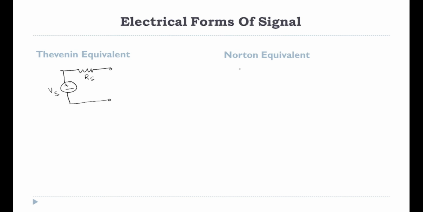And for the Norton equivalent, okay, so here we discuss a small concept about the value of the source resistance, which will help us analyze the working of the amplifier.